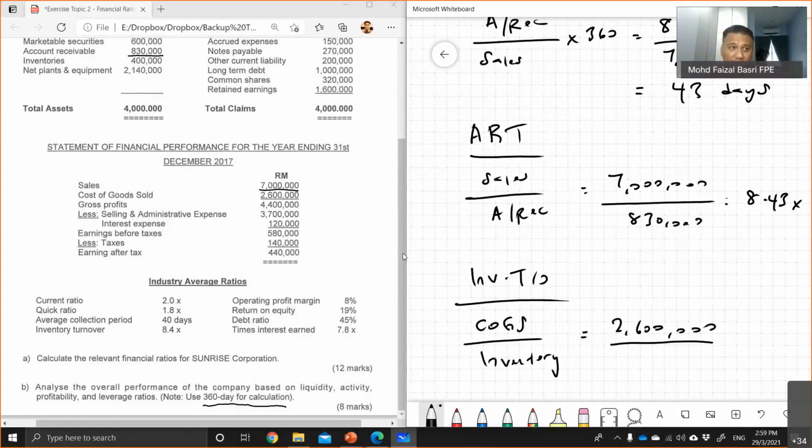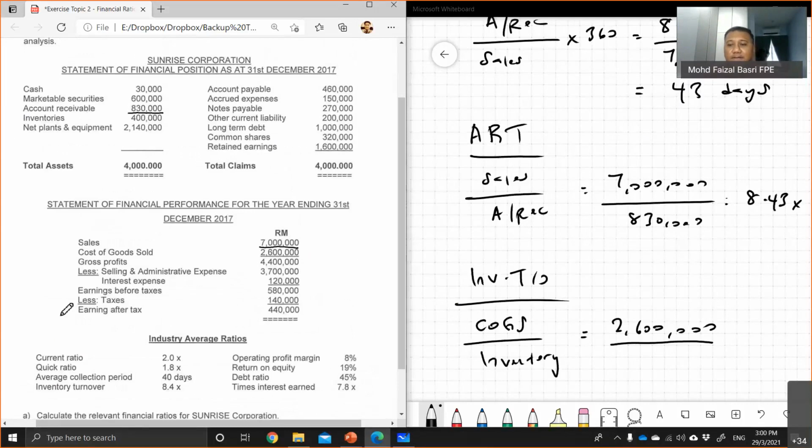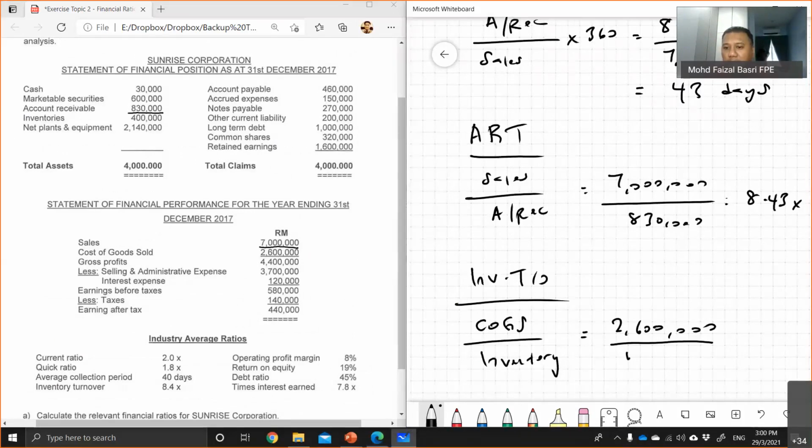And our inventory, we can look in the statement of financial position. The inventory is 400,000. So 2.6 million by 400,000, you get 6.5 times.